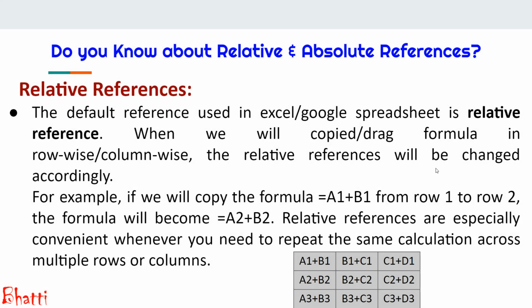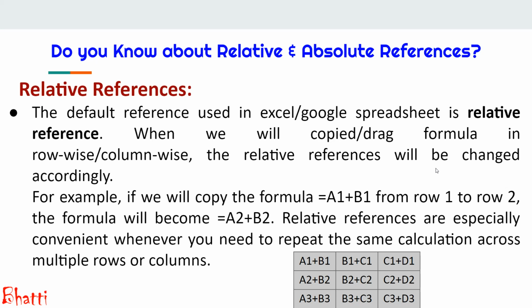The first one is relative references. The default reference used in Microsoft Excel or Google Sheets is relative reference, which means when we copy or drag the formula, the row or column will change accordingly.